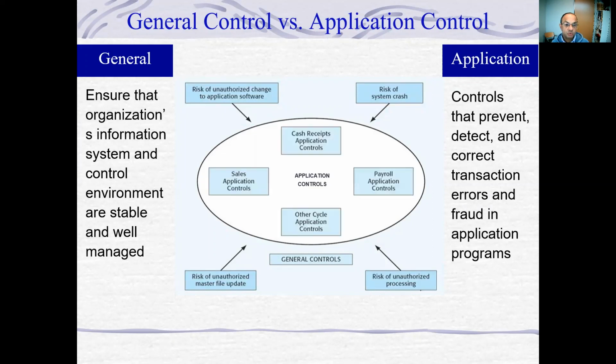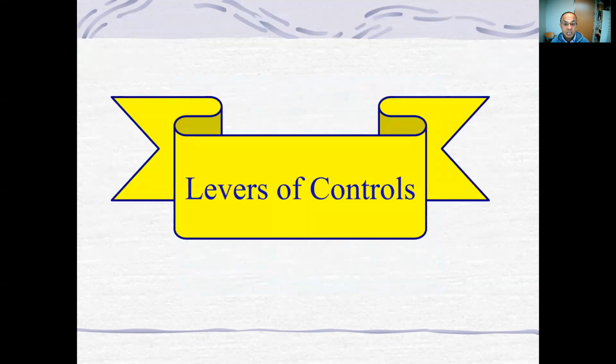The application control will be made from inside to ensure that there are different controls on the different cycles that we have, mainly for the data entry, to make sure that we are able to prevent any error or detect it if it happens. So remember that we have two different types of control: preventive, detective, corrective, which is one group, general and application, which is another group.